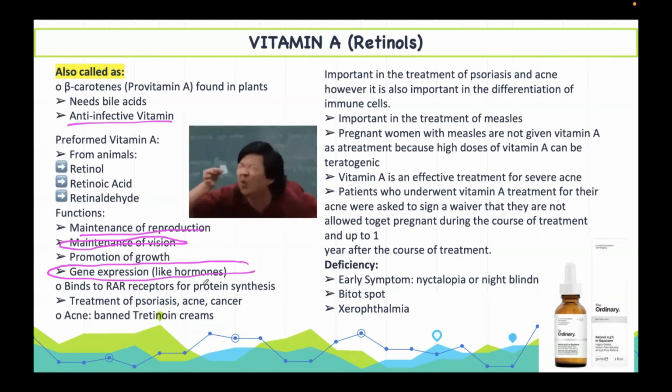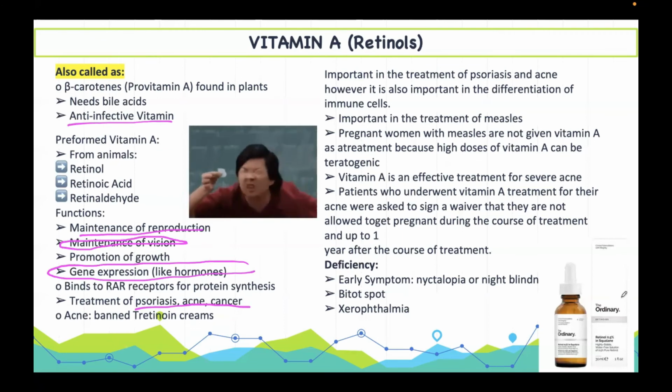It binds to raw receptors for protein synthesis, and it is used for the treatment of your psoriasis, acne, and then your cancer. Okay, ating vitamin A, may mga forms yan such as retinoids na nakikita po natin sa ating mga skincare such as ito, si The Ordinary. They are associated or it is incorporated in the skincare.